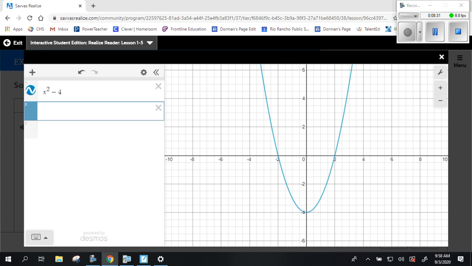Now, let's go back to what this question was asking. For what values will we get a positive number, right? We're being asked this: x squared minus 4 greater than 0. We're saying, what values of x would you plug in that would make this expression true?